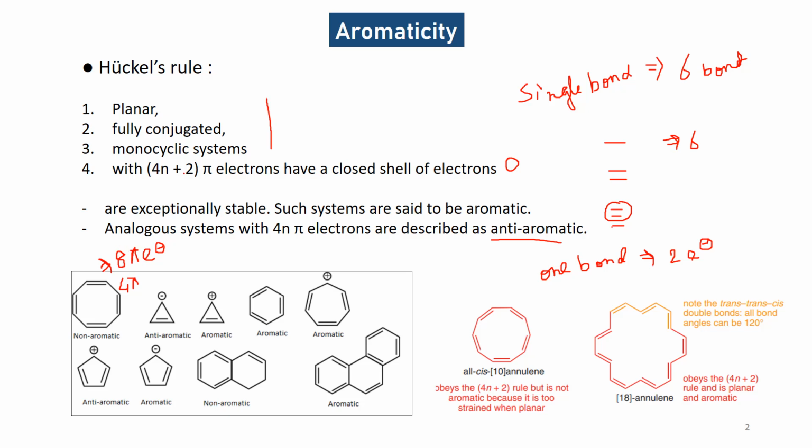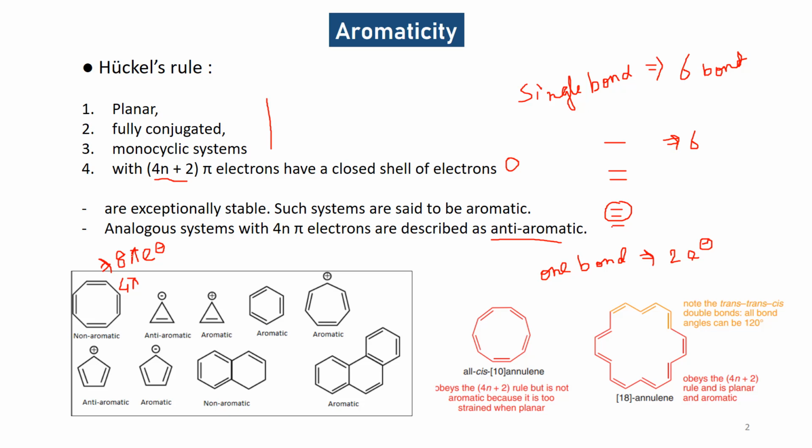Can you get this 8 by the formula? If n equals 0, it will be 2. If n equals 1, it will be 6. If n equals 2, it will be 10.